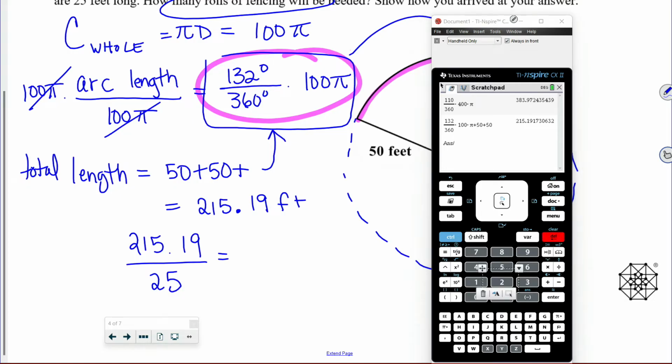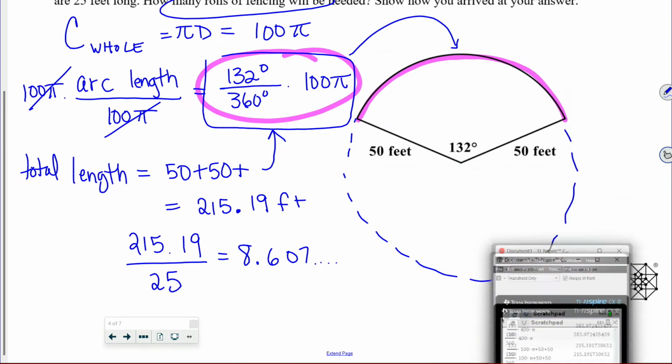Oh, that's why. Okay. There we go. Divided by 25. Fun with the board. Okay, this is 8.607, right? Now, keep in mind what that represents.